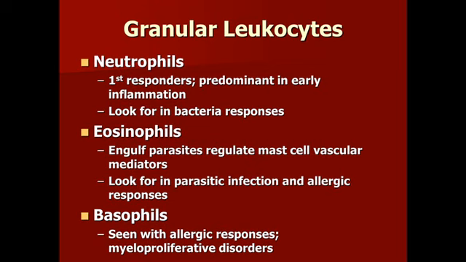Because remember, when you have the white cells, you start with a myeloblast, which then makes a promyelocyte. That then develops into a myelocyte. The myelocyte becomes the band, and the band then matures.